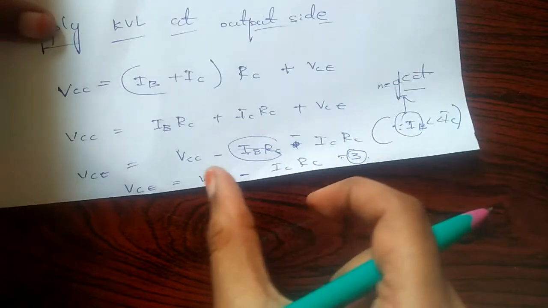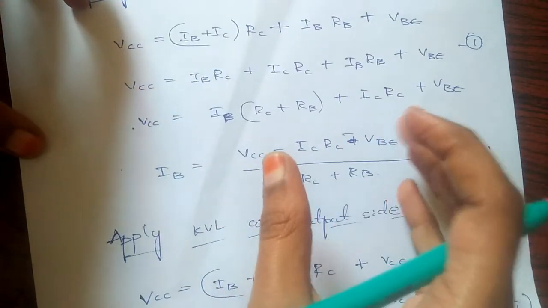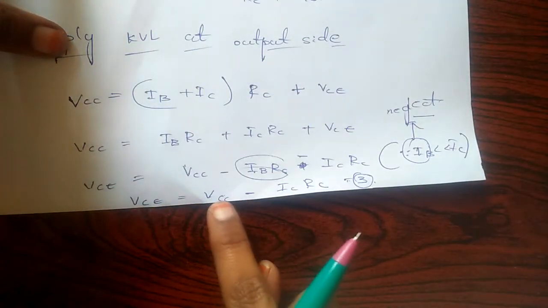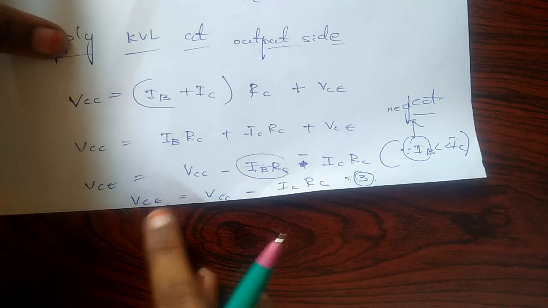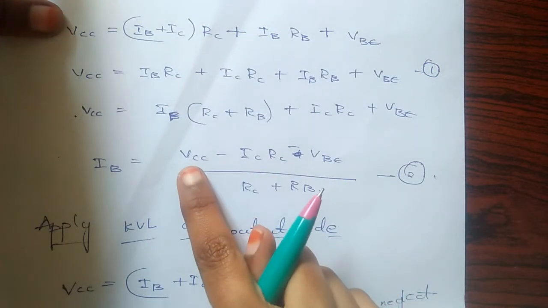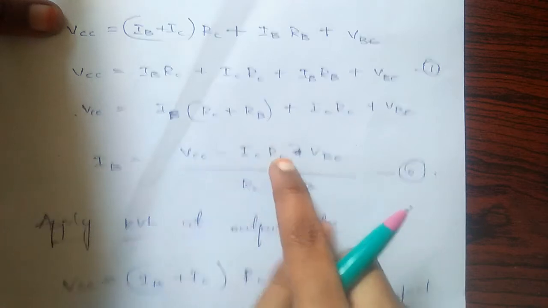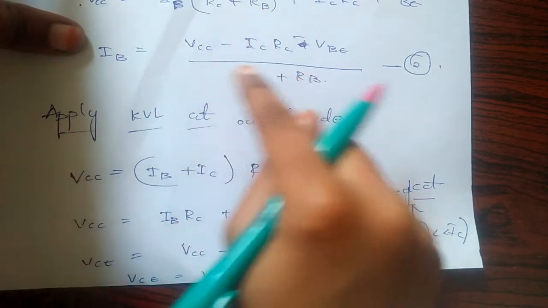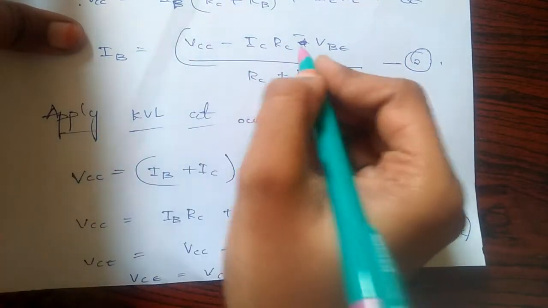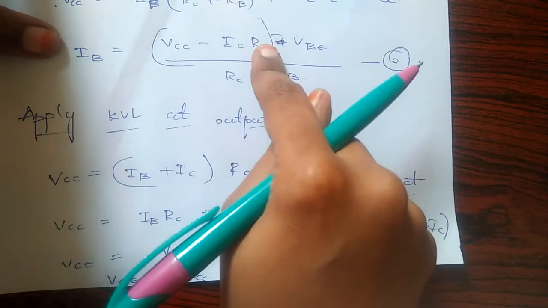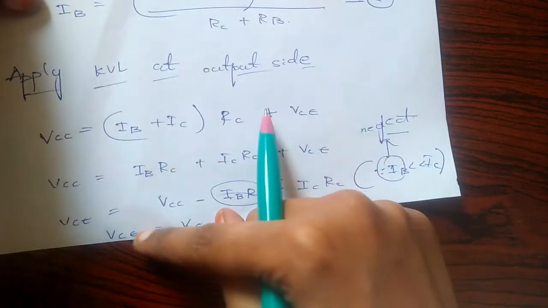If you want to simplify IB further, you see VCE is equal to VCC minus IC RC, right? Looking at the term VCC minus IC RC in the IB equation, you can put VCE there.